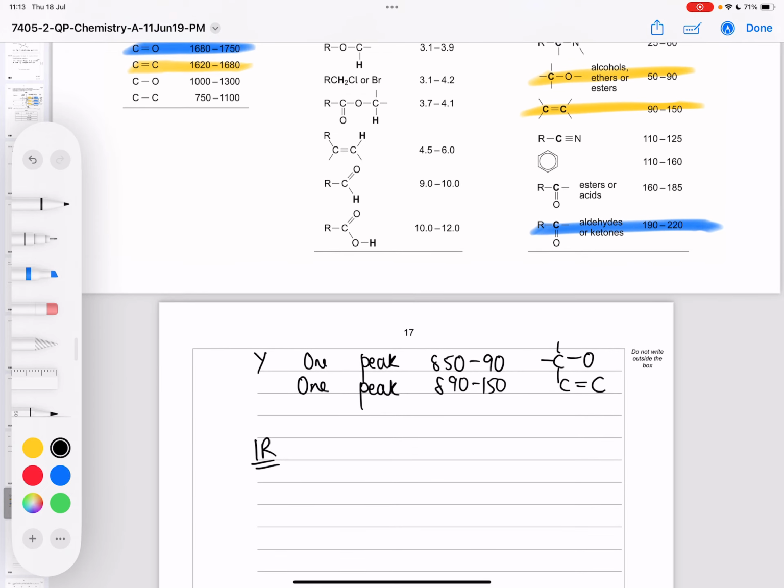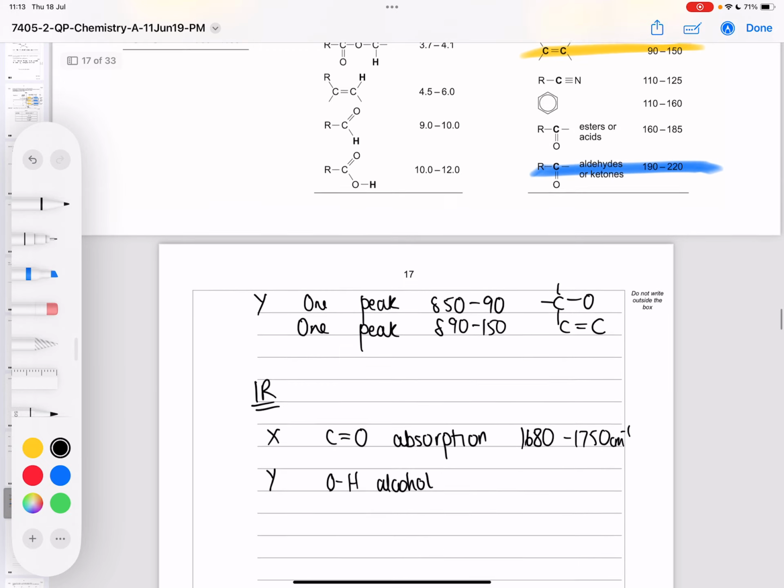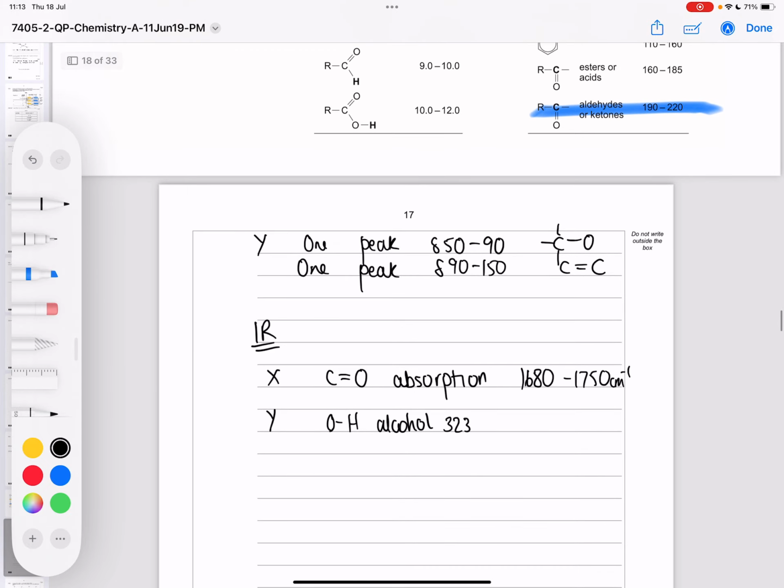So X, C double bond O, absorption 1680 to 1750 centimetres to the minus 1. Y has an OH, be specific, alcohol, and that one was 3230 to 3550.